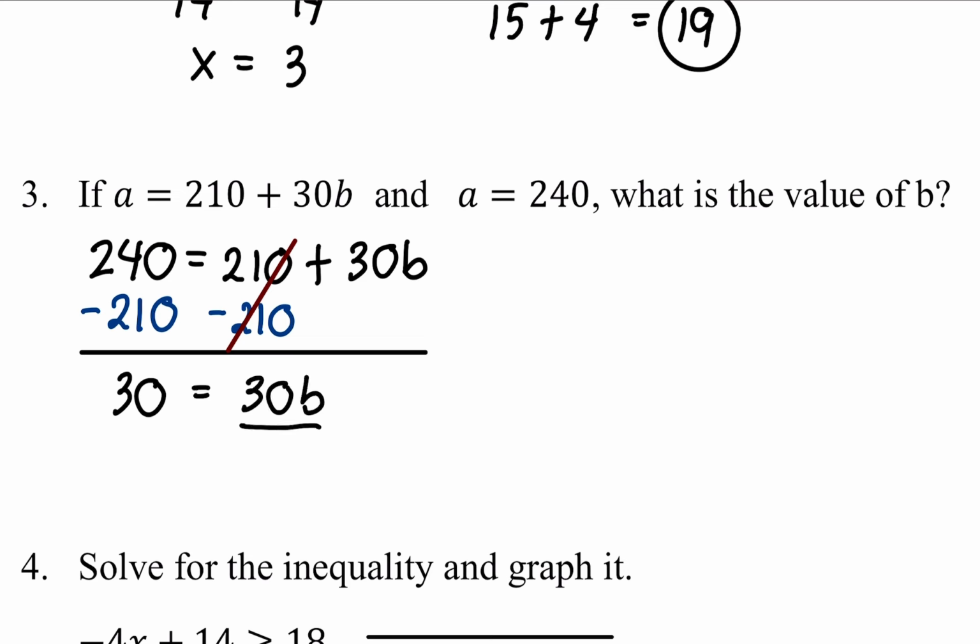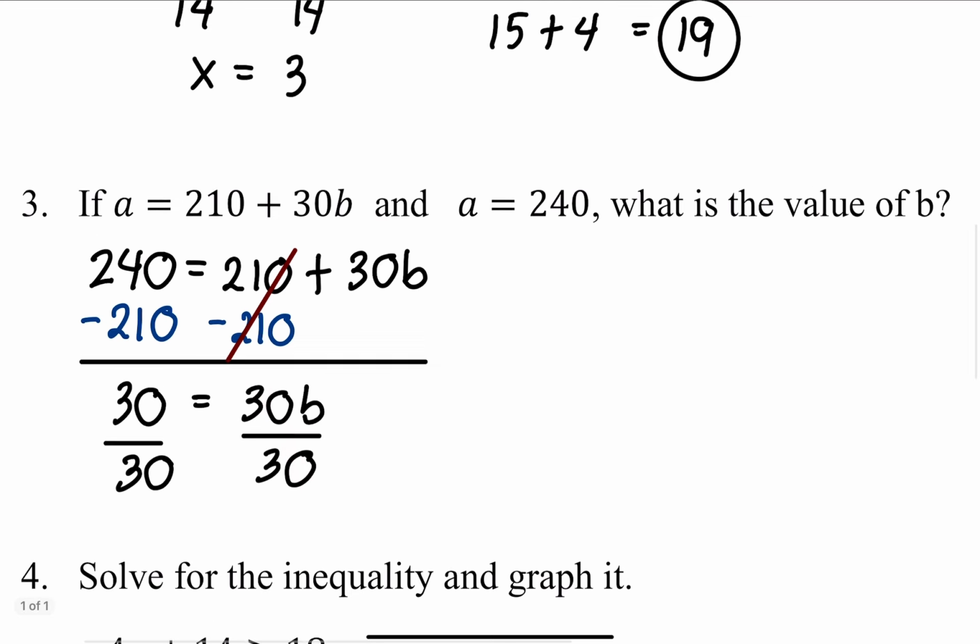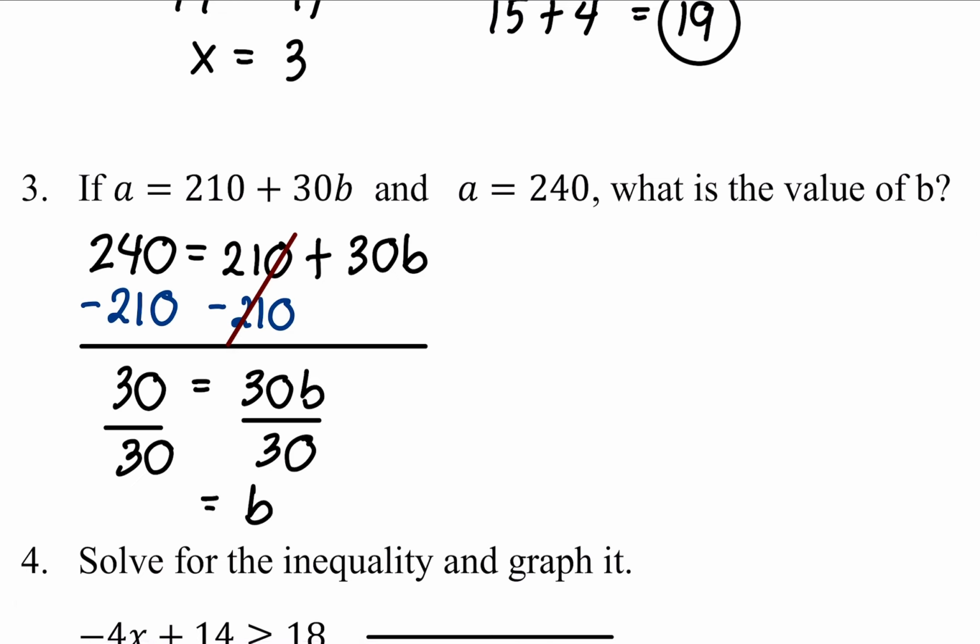Now we can divide both sides by 30. So 30 divided by 30 is simply 1, or 1b. 30 divided by 30 is 1. So the value of b is equal to 1.